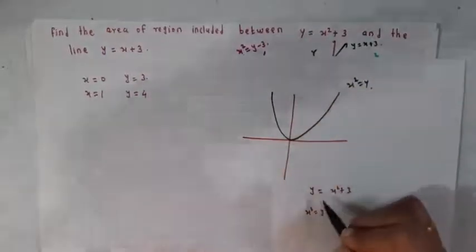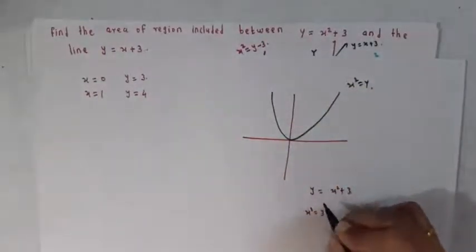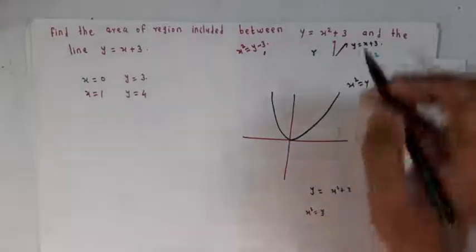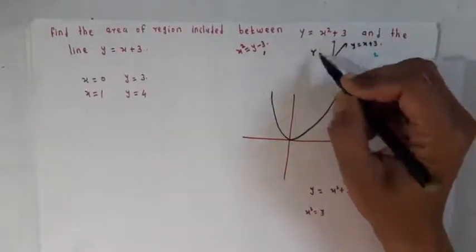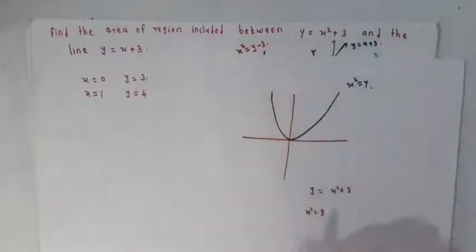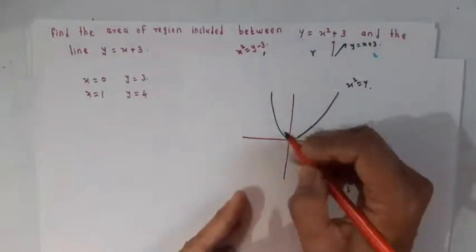But here y equal to x square plus 3 means x square equal to y minus 3. So the parabola is like this type.